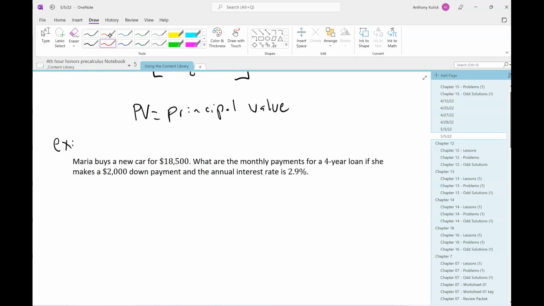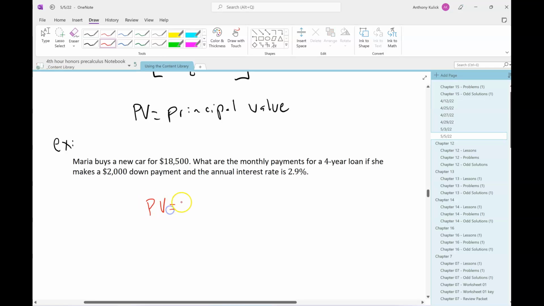All right. Maria buys a new car for $18,500. What are the monthly payments for a 4-year loan if she makes a $2,000 down payment and the annual interest rate is 2.9?